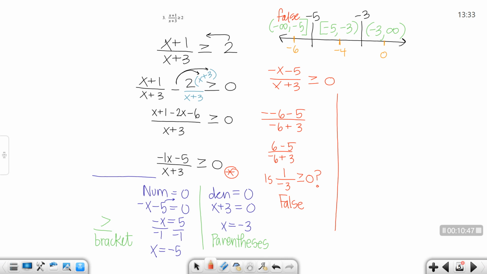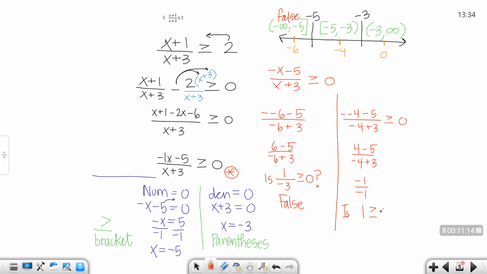Okay, so let's plug in negative 4. So you'll say the negative of x minus 5 over x plus 3. I'm looking to see, is that greater than or equal to 0? So I get a negative 1 over negative 1, which is a positive 1.